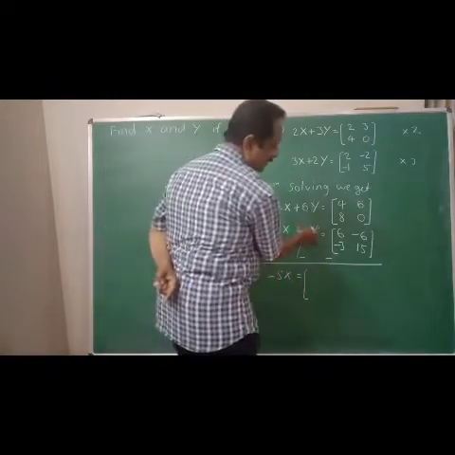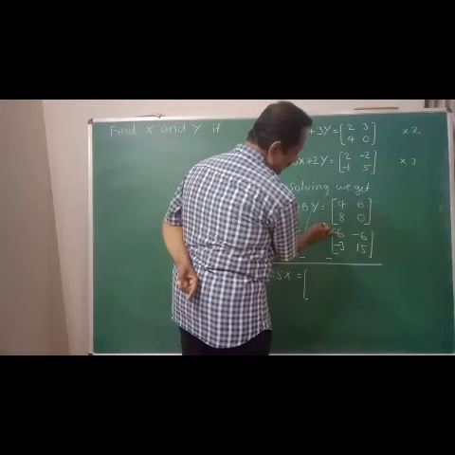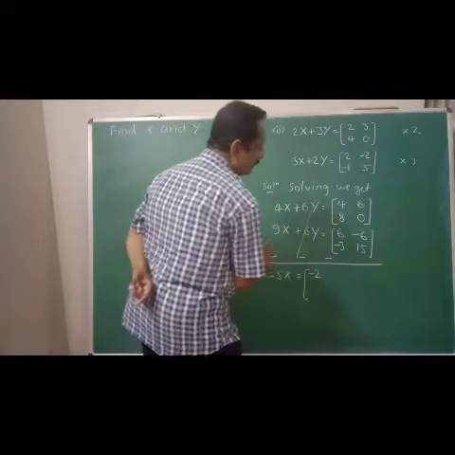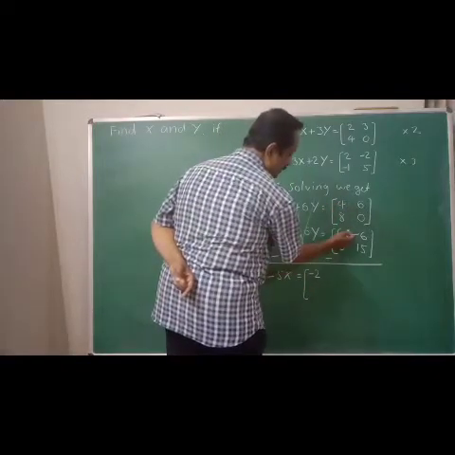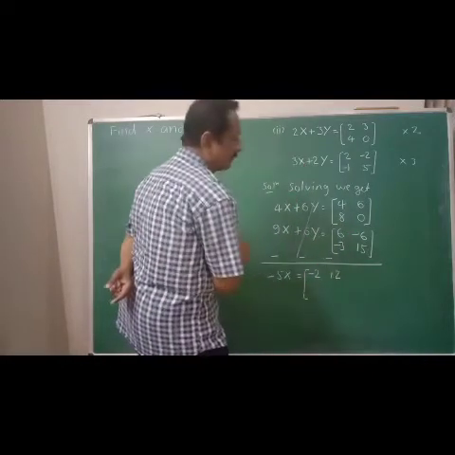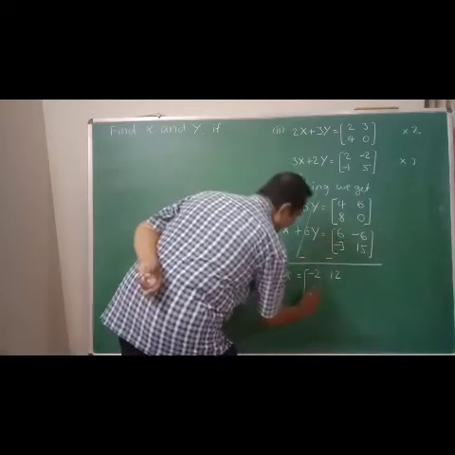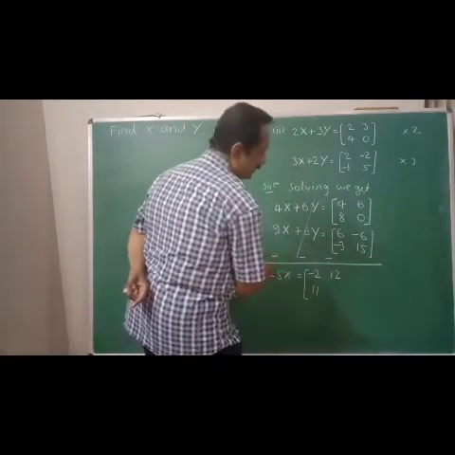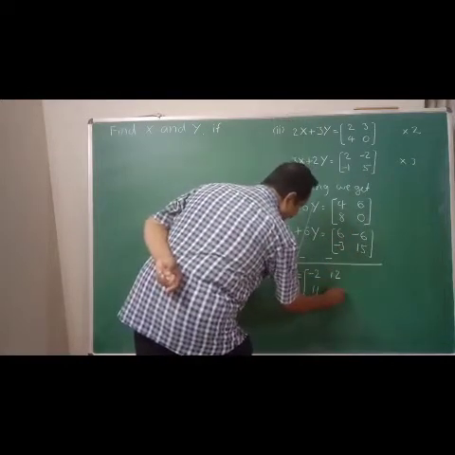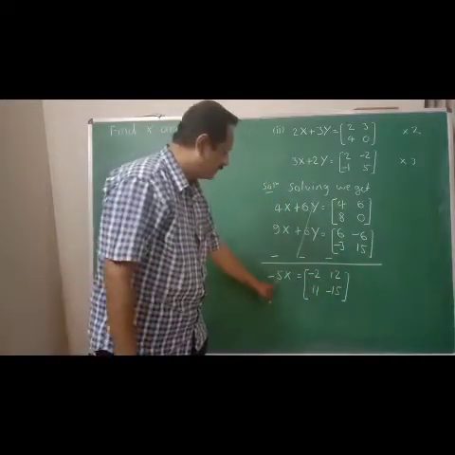Then subtracting these two matrices: 4 minus 6 gives minus 2. Then 6 minus of minus becomes plus, 6 plus 6 becomes 12. Again minus of minus becomes plus, 8 plus 3 becomes 11. Then 0 minus 15 is minus 15.